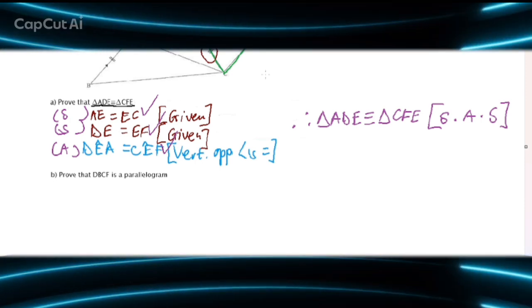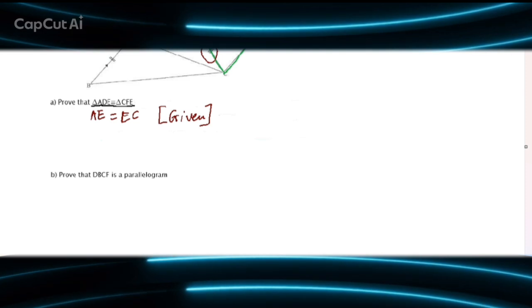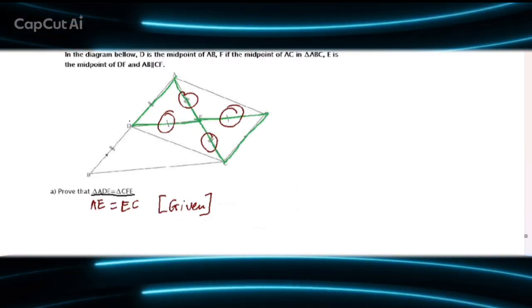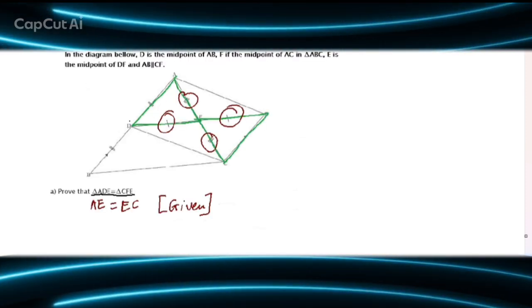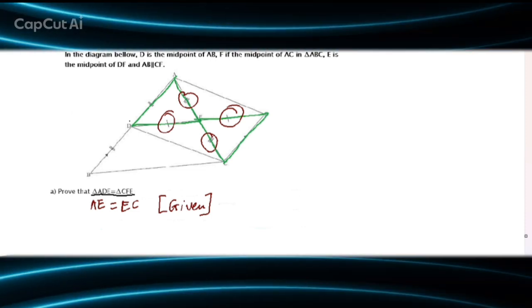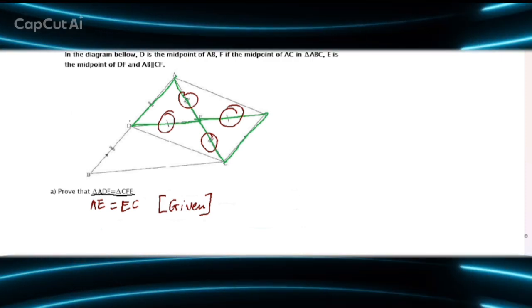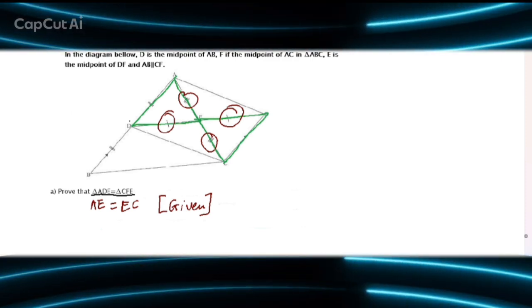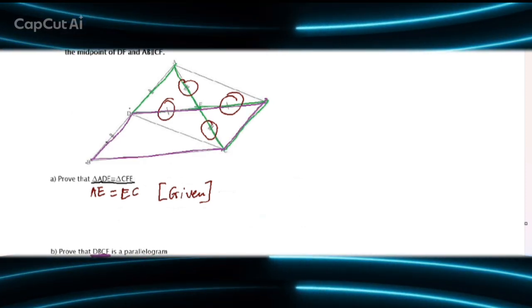I would like us to consider something here. Let's highlight what we are required to prove first. We're supposed to prove that DBCF is a parallelogram.